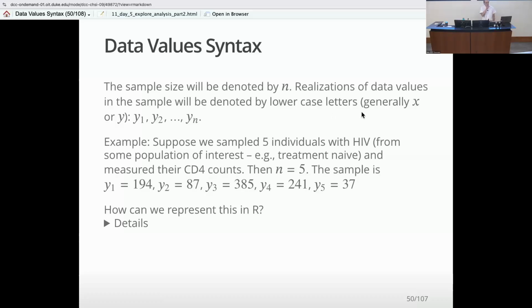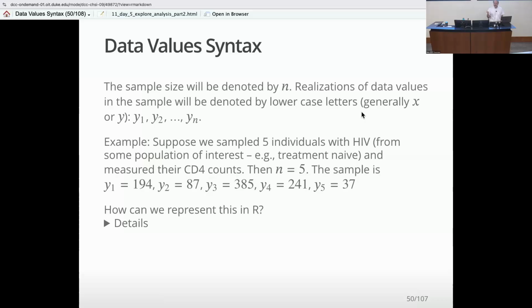So we're going to generate a very simple data set. Suppose that we sampled 5 individuals with HIV from some population, and we measured their CD4 count, so the number of CD4 positive T cells that they have per milliliter of blood.